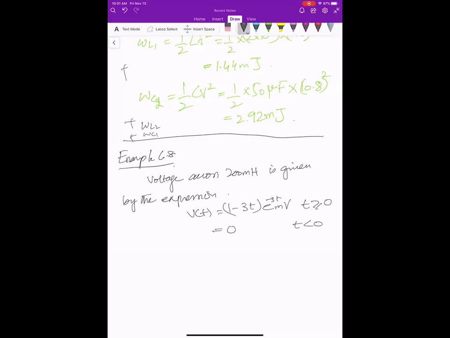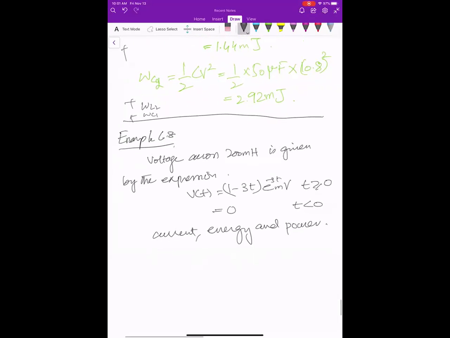Now we have to find the current, energy, and power. We know that current is one over L, integral from minus infinity to t of v(x) dx.